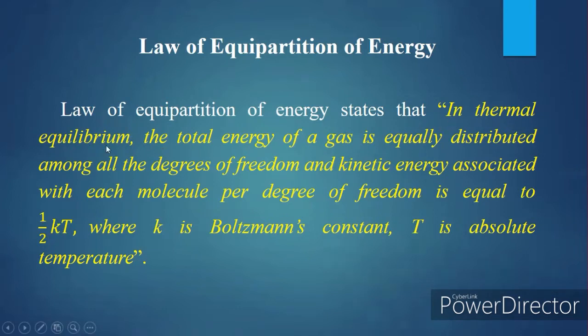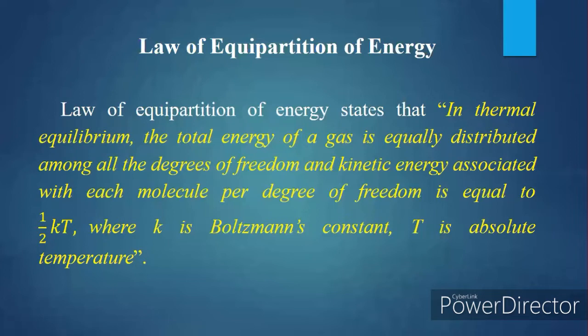In thermal equilibrium means the temperature of the system is constant throughout the system considered. Then the situation is called thermal equilibrium. Then the total energy of the gas is equally distributed among all the degrees of freedom.